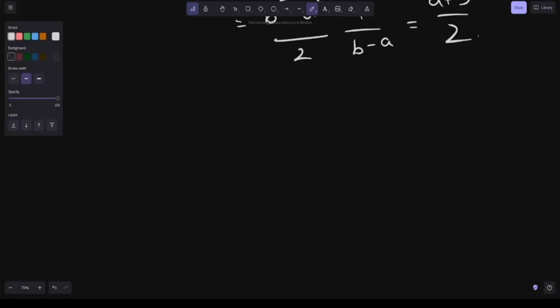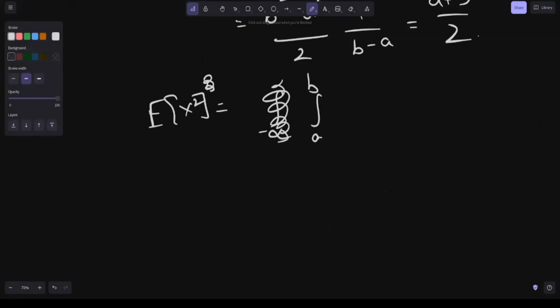So now let's find variance. For variance we have to do E[X square] minus E[X] whole square. So E[X square] will be integration from a to b of x square by b minus a dx.